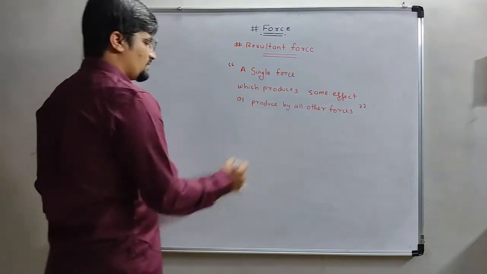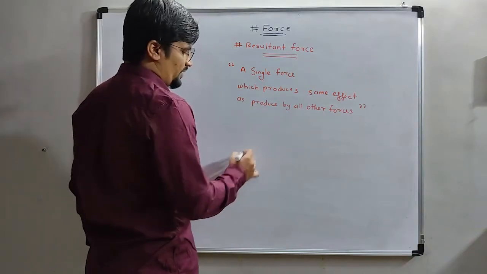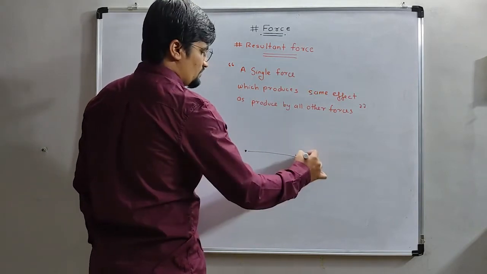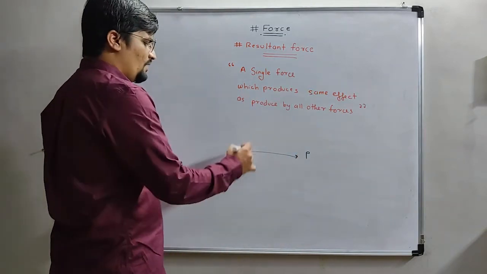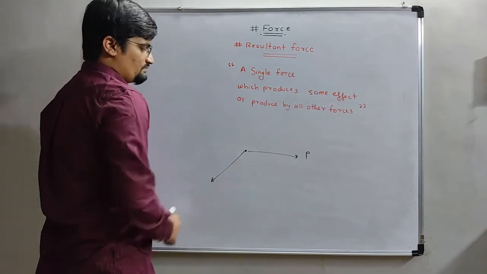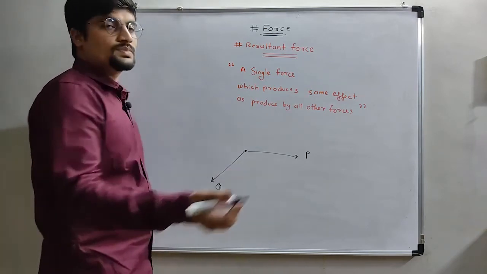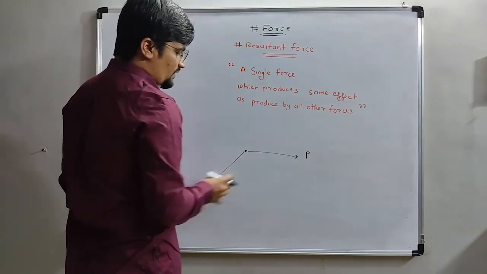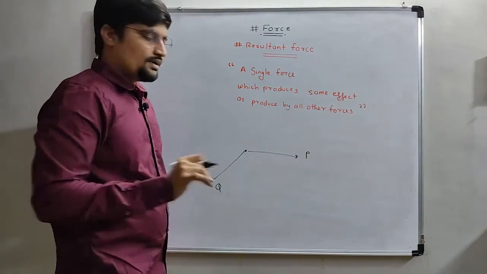If I take one point, one force is occurring in this direction, P. The other one is occurring in this direction, Q. Okay. These two forces are in different directions and at one point.